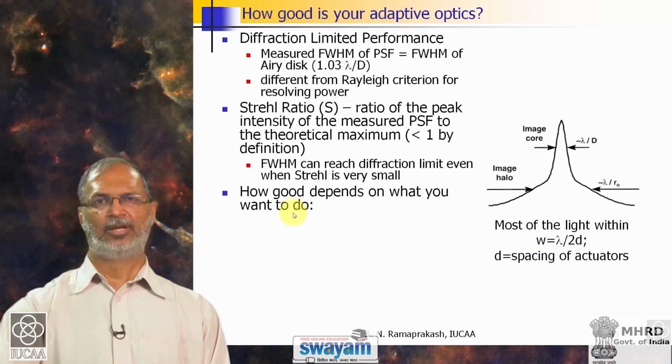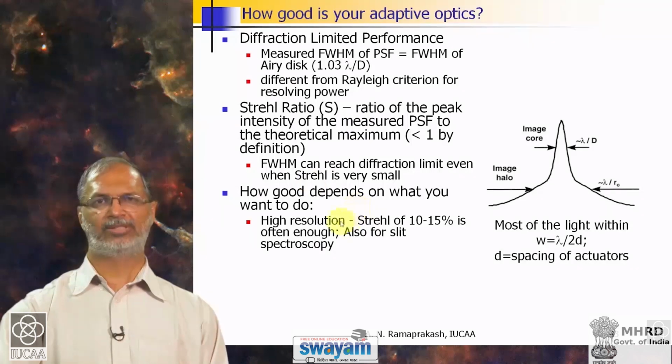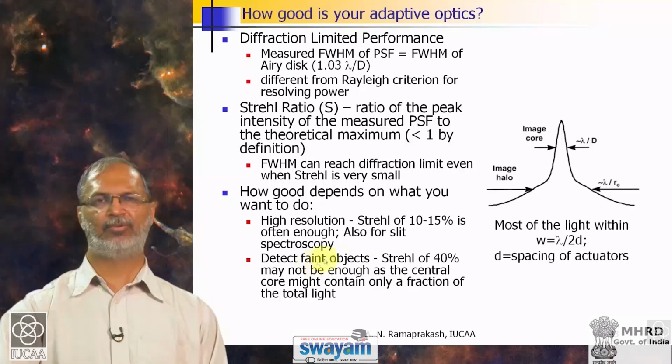system. So, when you design an adaptive optic system, you will have to decide what you want to do. For example, if you want to do higher resolution imaging, you may say, okay, I do not want a high Strehl ratio, but I want all the light to be concentrated as much as possible into a narrow central image or central spot. On the other hand, if you want to detect very faint objects, you want the Strehl ratio to be as high as possible.